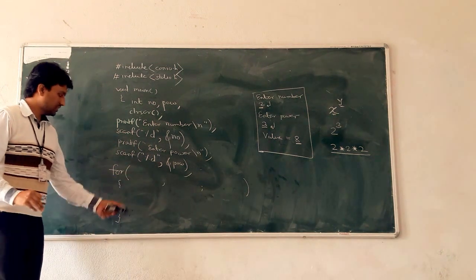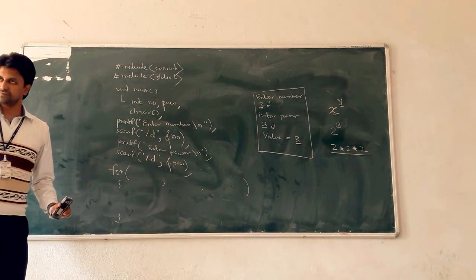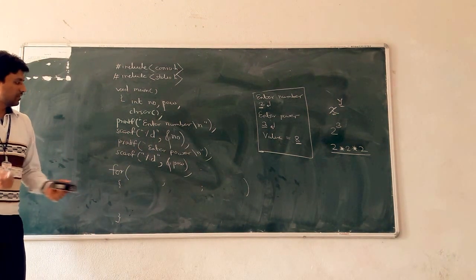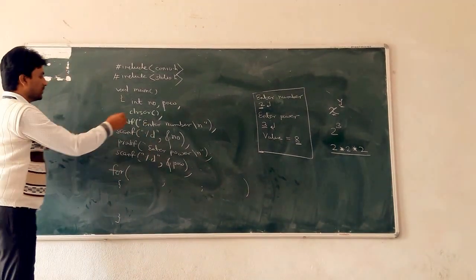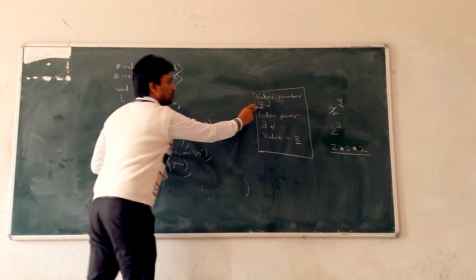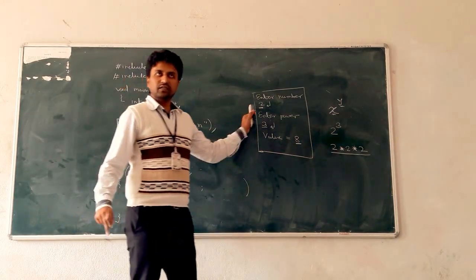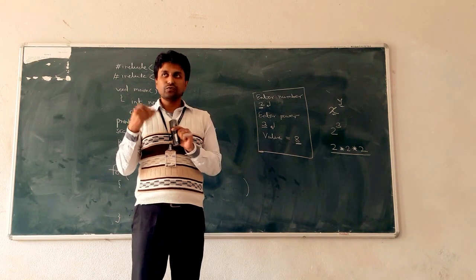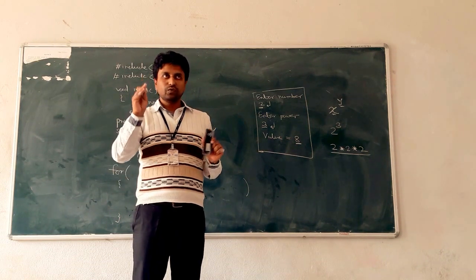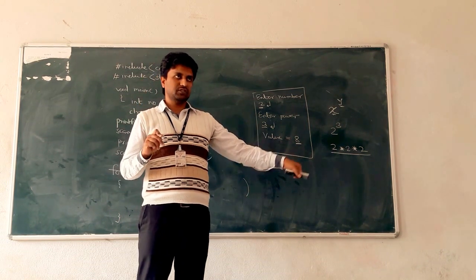So, what is your logic? Write the logic here. So first, suppose the user enters a number, for example 2. Enter the value of power. The user enters the value 3. So now what do you make? 2 multiplied 3 times.